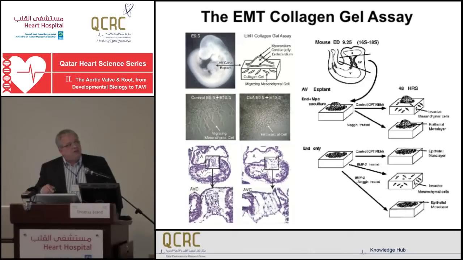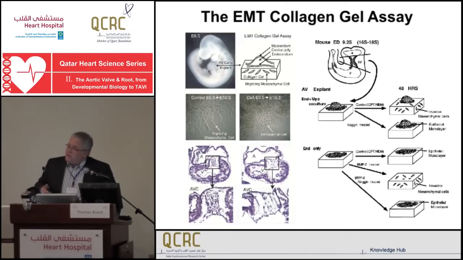And then the cells will spread out, and ultimately they will do the same as they would do in the true valve region, because they will then migrate into the collagen gel as if they would migrate into the cushion region. So this is also shown here in a microscopy picture.